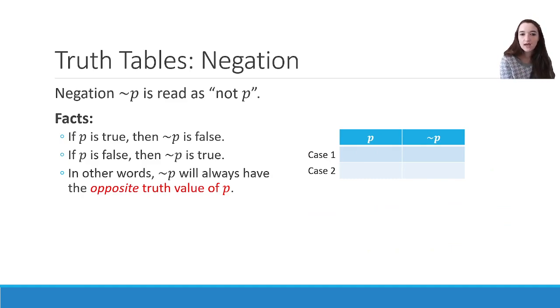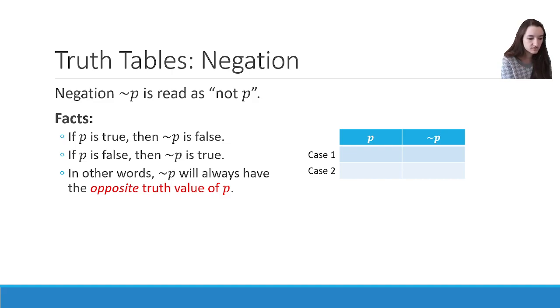But first we're going to look at the simplest of these truth tables, which is just the truth table for the negation. The negation, written as tilde P and read as not P. Remember that if P is true, then the negation of P is false, and if P is false, then the negation of P is true, right? The definition of the negation was that it just gives us the opposite truth value.